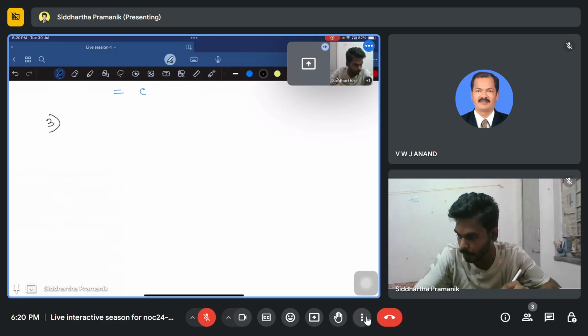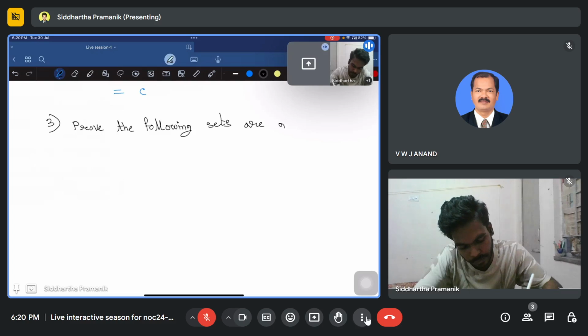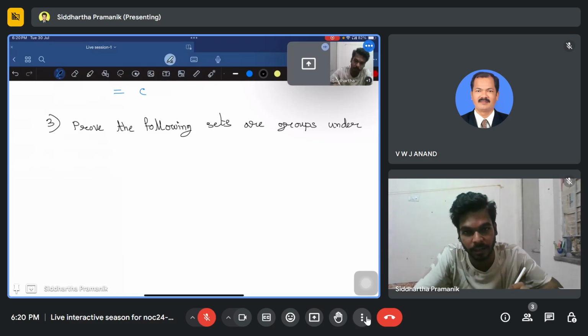So prove the following sets are groups under the operation matrix multiplication.